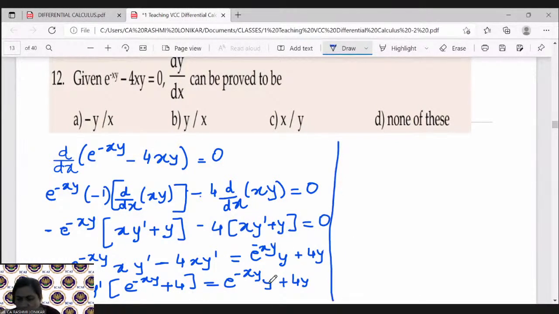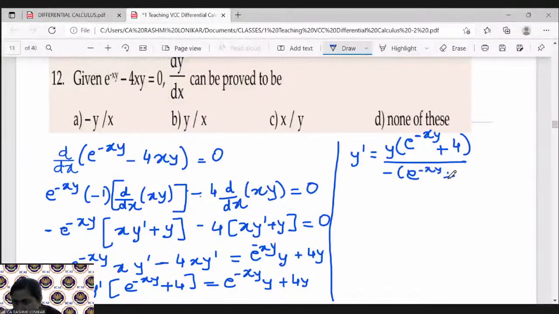Okay. From here, what can I find common? Here, I can take y common. So I have y dash is equal to, on the right hand side, y common, e raised to minus xy plus 4, upon, what do I have with y dash? This. So it is minus e raised to minus xy plus 4 into x.